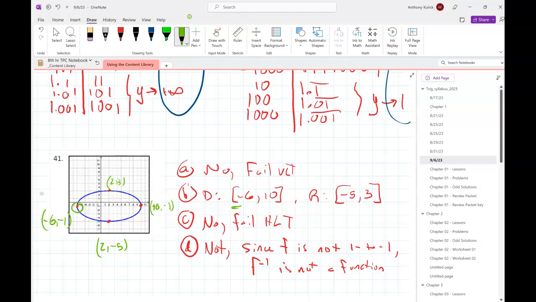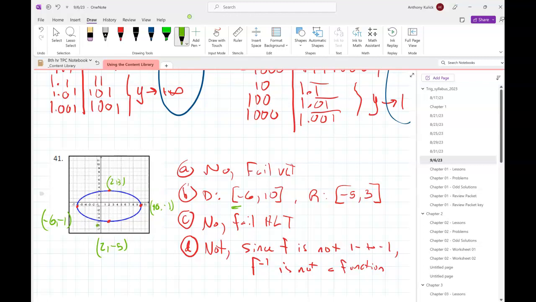To do that, I'm going to use these 4 points that are the highest and lowest, furthest left and furthest right points on this ellipse, this oval. Now I'm going to transpose those points to create the points for my inverse. So (-6, -1) becomes (-1, -6). That goes here.